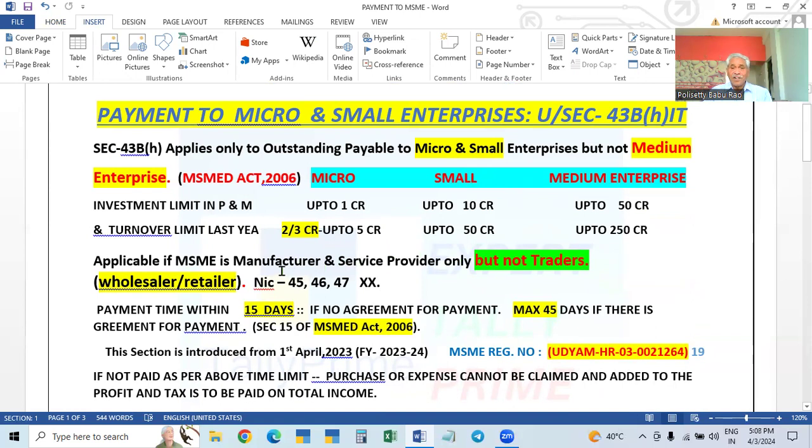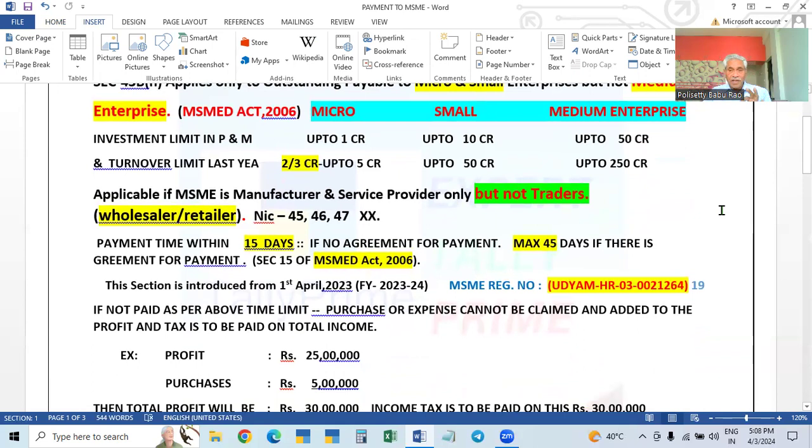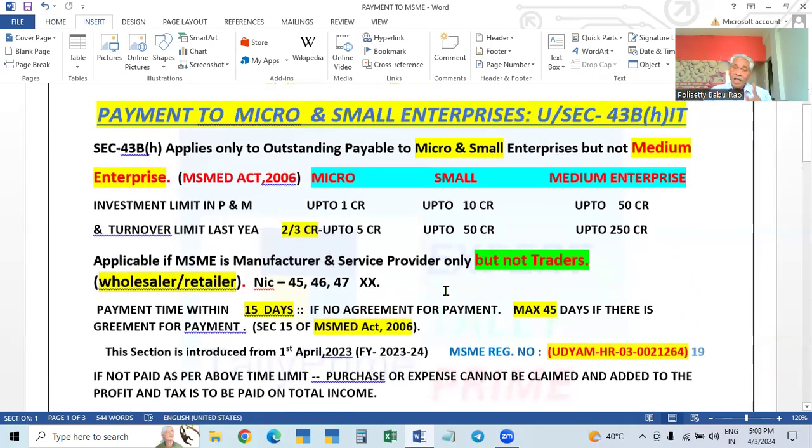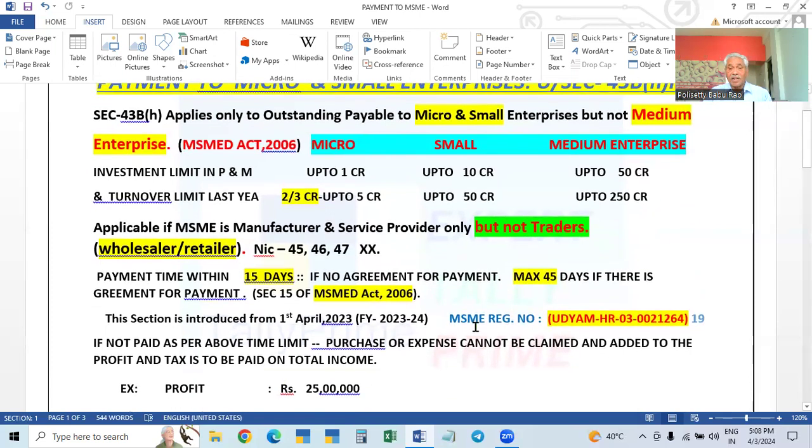So we can find out the activity and also the type of enterprise, micro or small, along with the number. In that case, we are liable under this section. And if they don't give the certificate, at least take the Udyam registration number or MSME registration number. No problem.